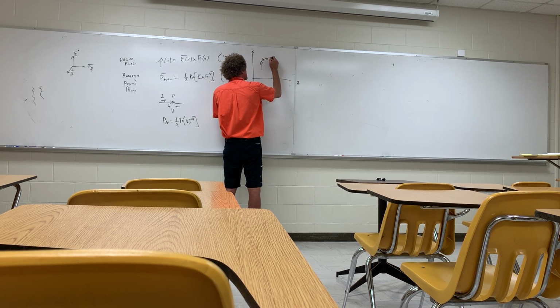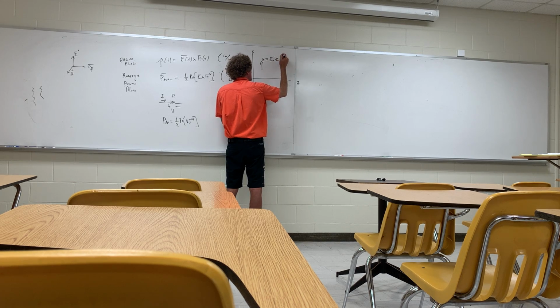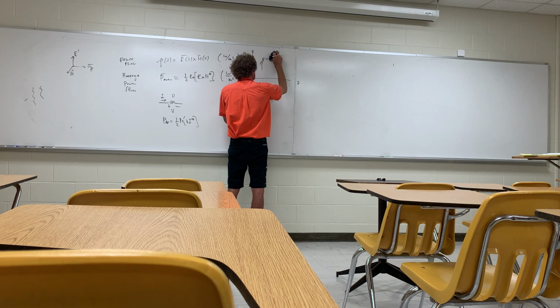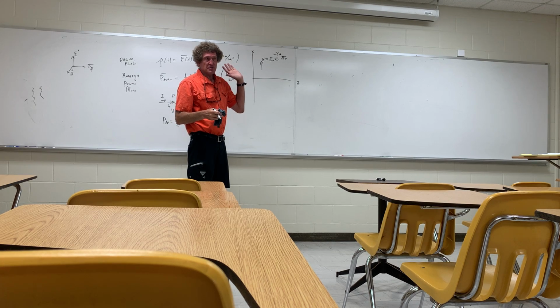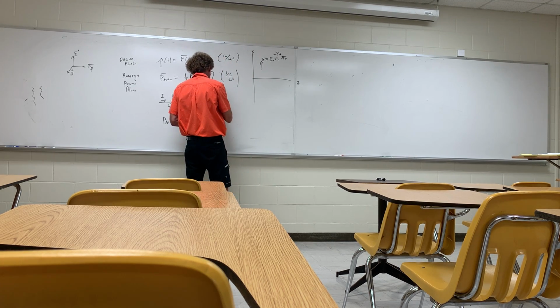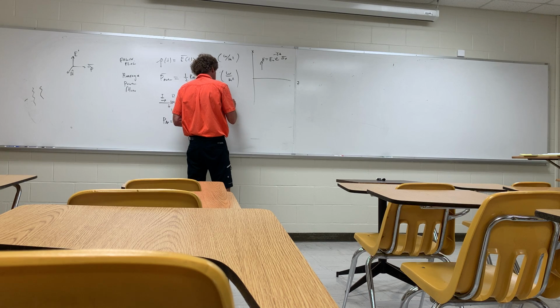It's given by some E naught e to the minus gamma z in the a_x direction. Let's assume it's possibly lossy. Y'all follow me on that? That's just the standard form here. Gamma is equal to alpha plus j beta.